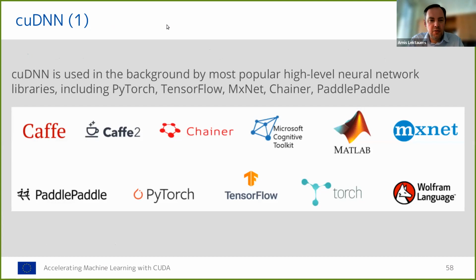So as I said, cuDNN is used in the background by practically most popular high-level neural network libraries today, including, of course, the top two, PyTorch and TensorFlow, but also Caffe2, which is a part of PyTorch today, as well as Microsoft Cognitive Toolkit, MXNet, Paddle, a library made in China, and so on.